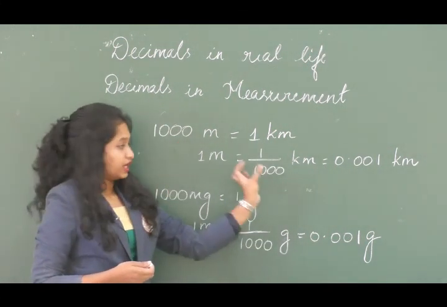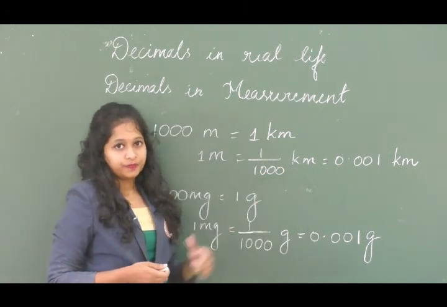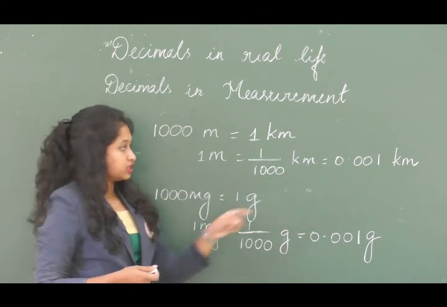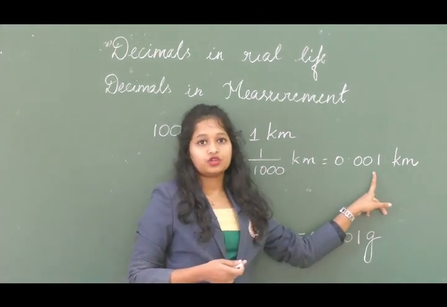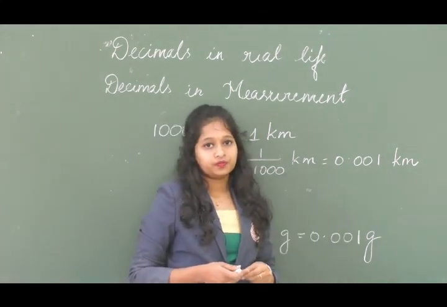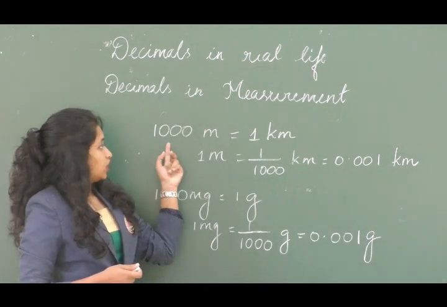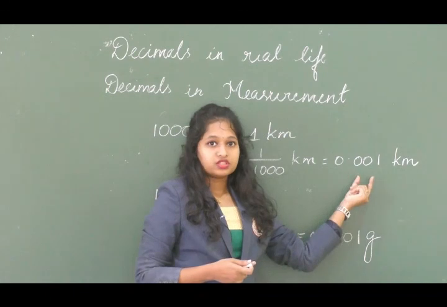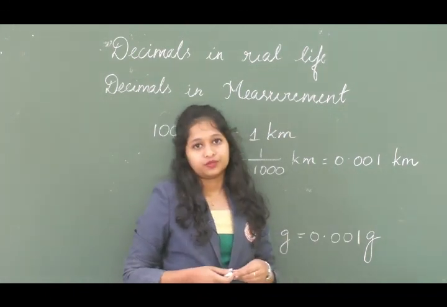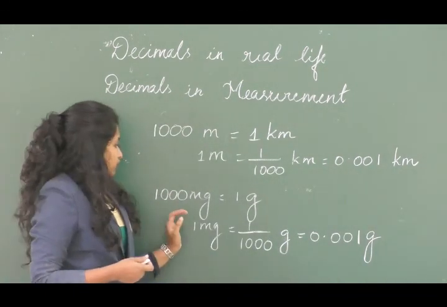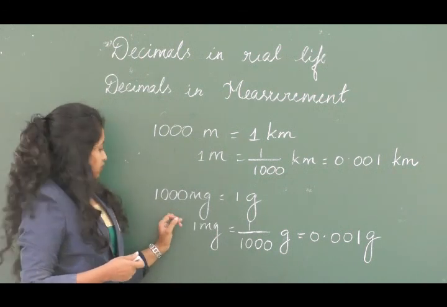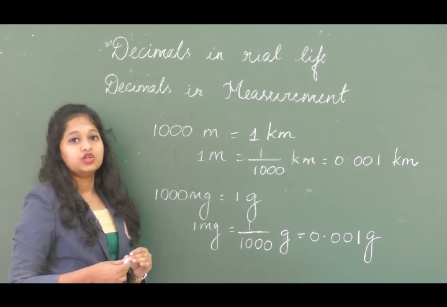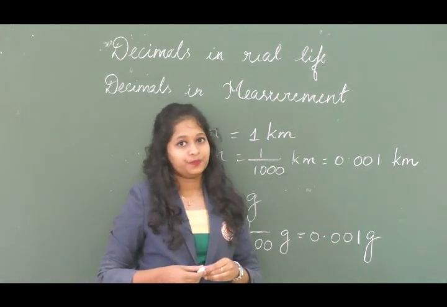Take this 1000 and place in the denominator. And now 1 by 1000 can be written as 0.001 kilometer. Okay? So 1 meter is equal to 0.001 kilometer. And another example, we know 1000 milligram is equal to 1 gram.